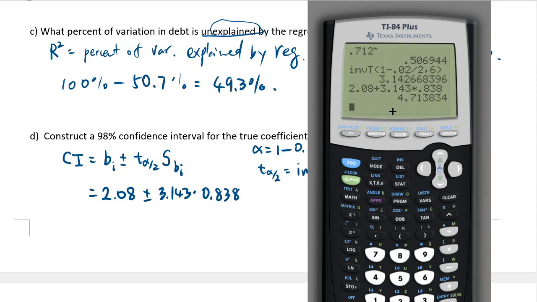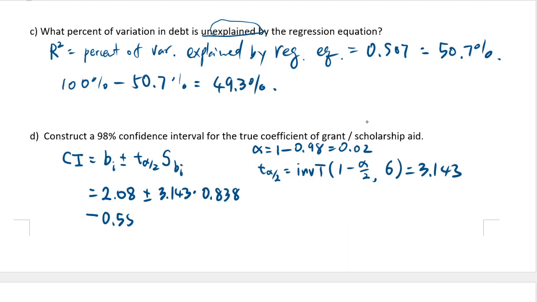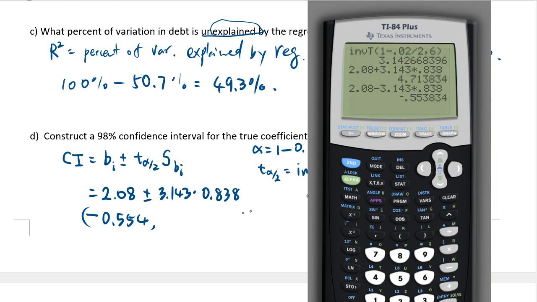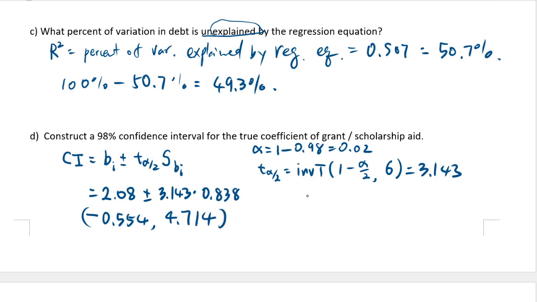Then for the other one, 2.08 minus 3.143 times 0.838, and this is negative 0.553834. Okay, so that's the 98% confidence interval. It's from negative 0.554 until 4.714. Okay, so that's the answer.